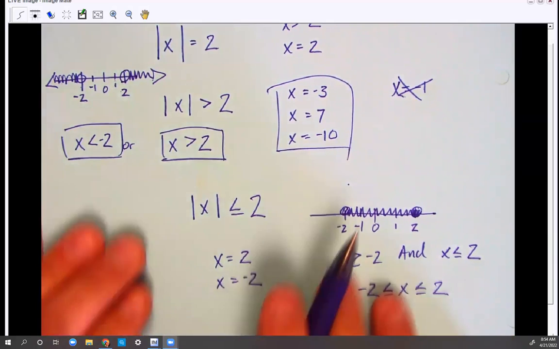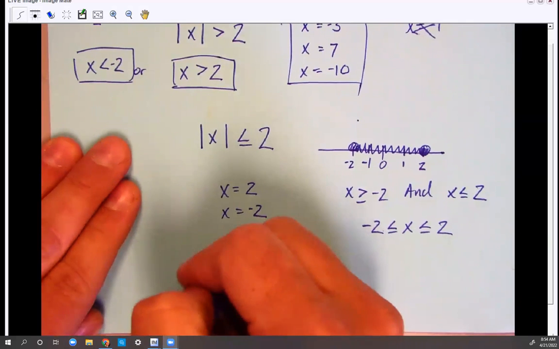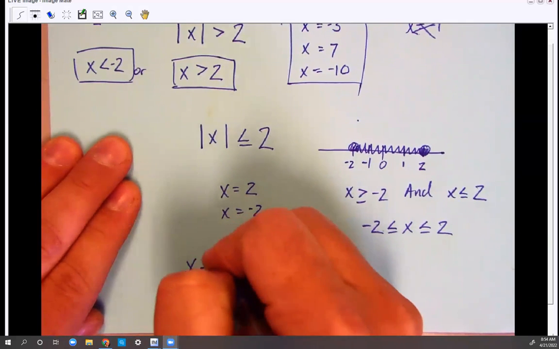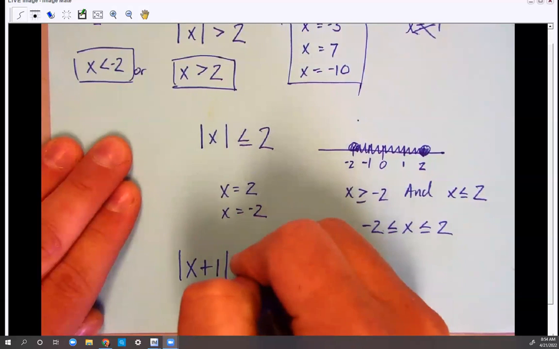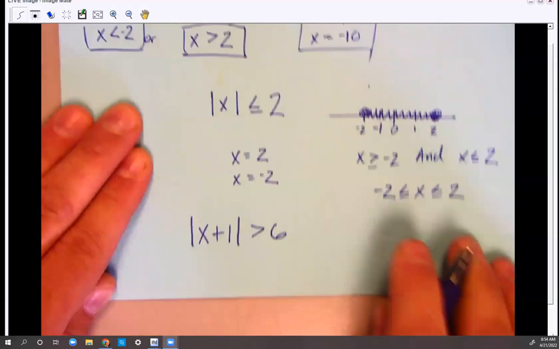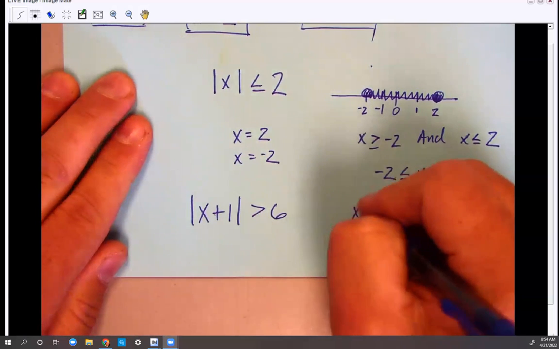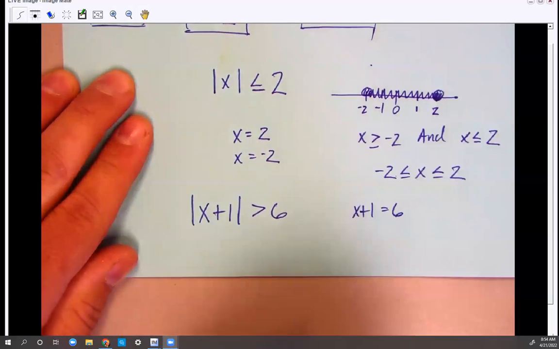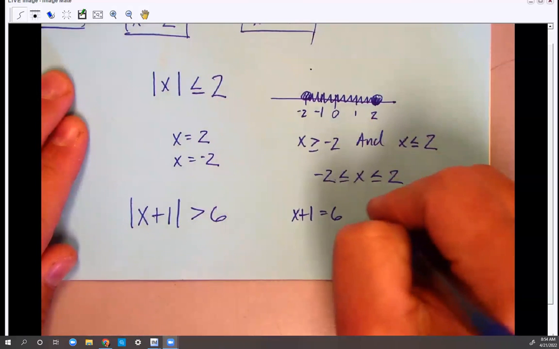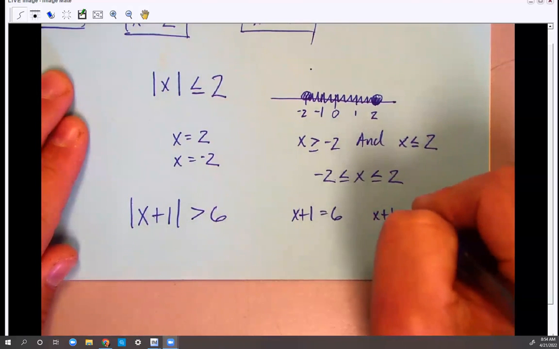Let's change it a little bit. Let's change our story. Let's say that we have the absolute value of x plus 1 is greater than 6. Let's follow the same sort of pattern. This means x plus 1 could be 6 to the right, or x plus 1 could be 6 to the left.